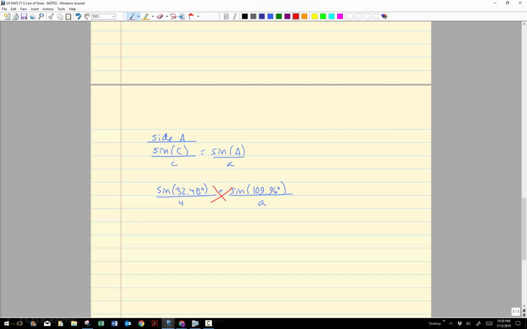You have a nice proportion set up, so you go ahead and cross multiply. So I'll have A sine 32.48 degrees equals 4 sine 109.96 degrees. Again, you want to solve for A, so we cross multiply and then we divide both sides by the sine of 32.48 degrees.